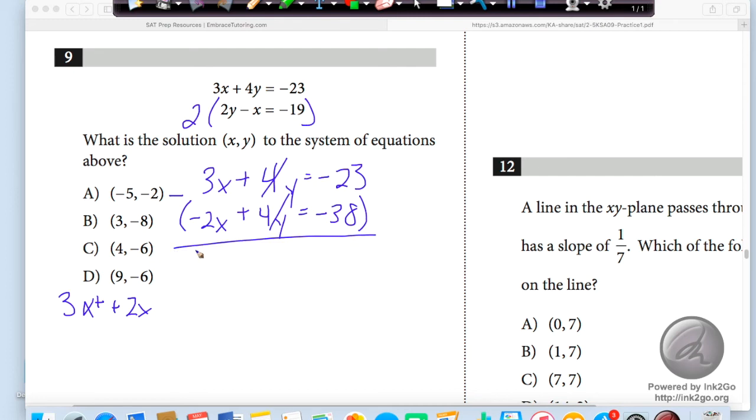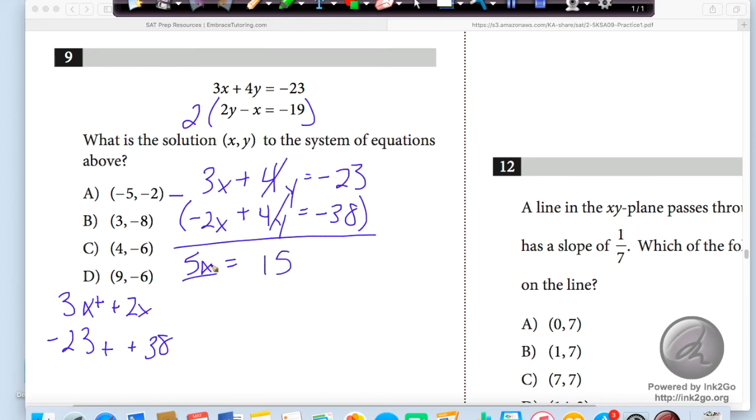So I have my 5x, and here I have negative 23 minus negative 38. This becomes negative 23 plus 38, which is going to equal 15.